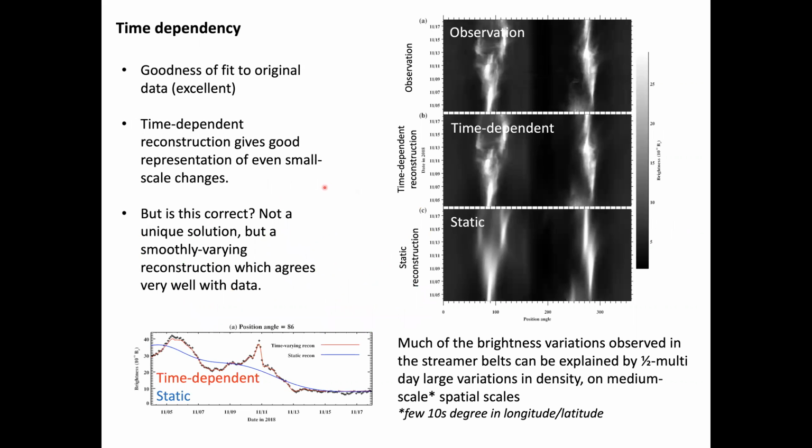Which of course makes us suspicious of the method, but it does match data very well. And also the time changes we impose are smooth. So smooth, slow density changes match the data very well.